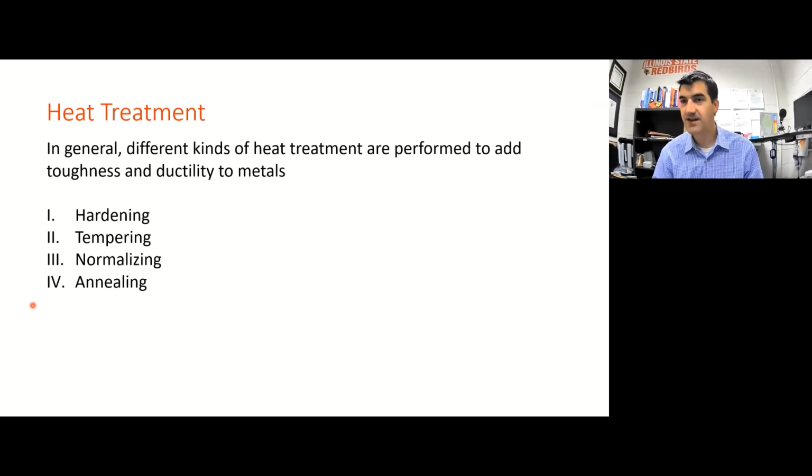You might get a steel specimen from the manufacturer that has been air quenched, or maybe it was oil quenched. They'll do either one sometimes. But you may want it to be especially hard or especially tough or especially ductile. And there are different heat treatment applications that you would apply for each one of those mechanical properties. All right, so we're going to talk about each one of these four.